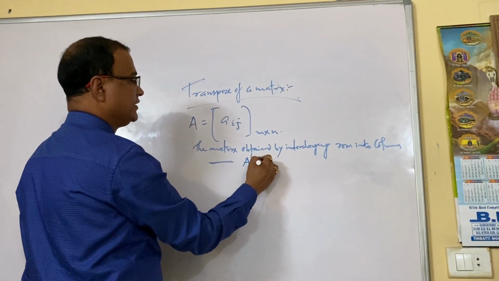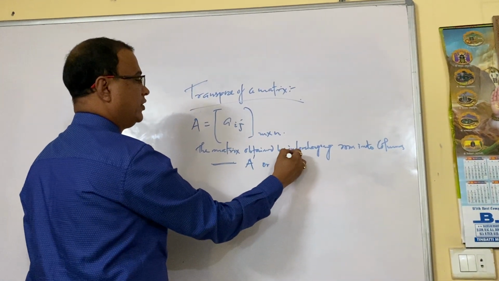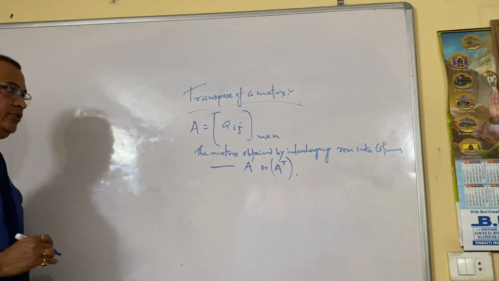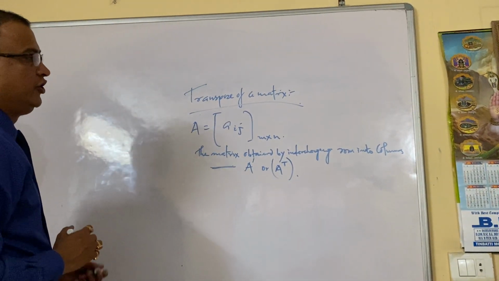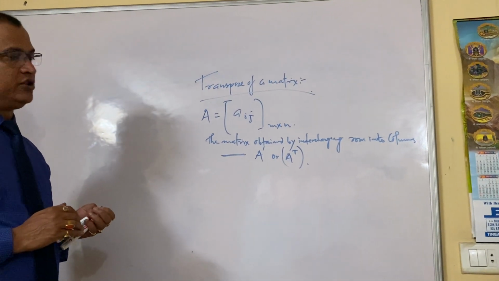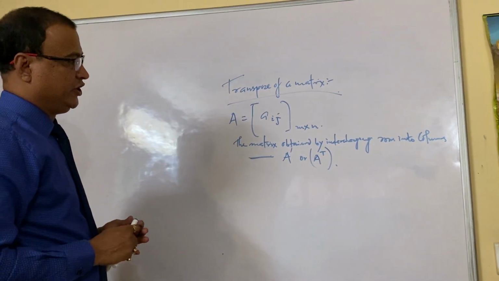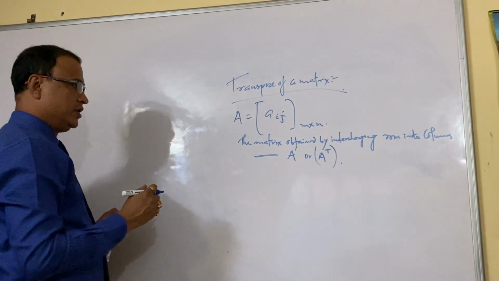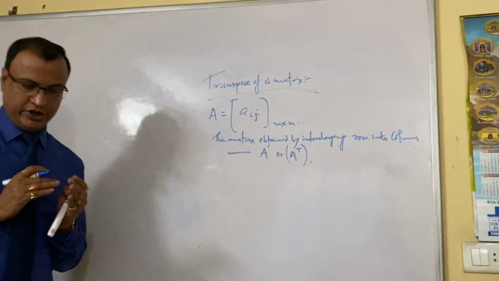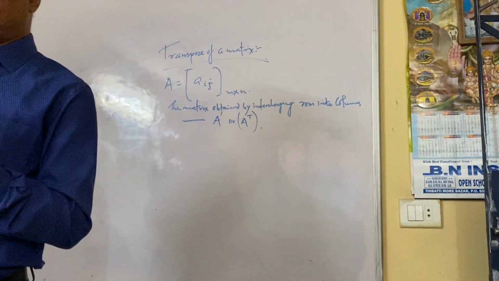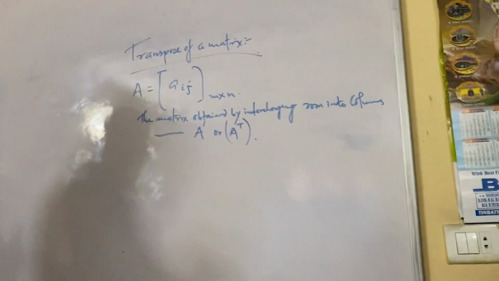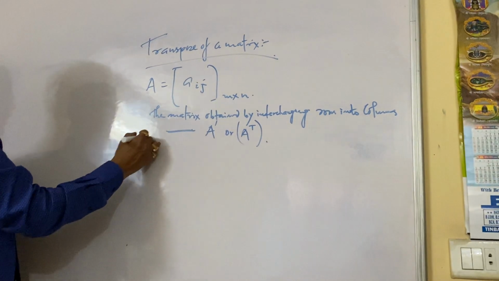It is denoted by A dash or A T for transpose; we can follow any notation. Mathematically we denote it by A dash or AT. The transpose will help us in calculating the inverse of the matrix using the formula. Now we have to learn some properties of the transpose of a matrix.